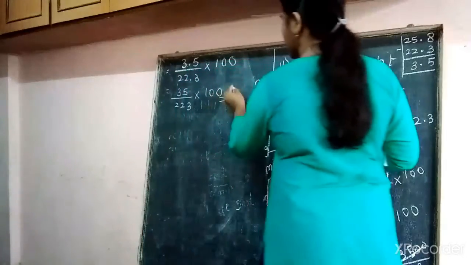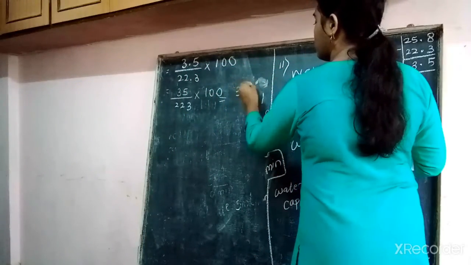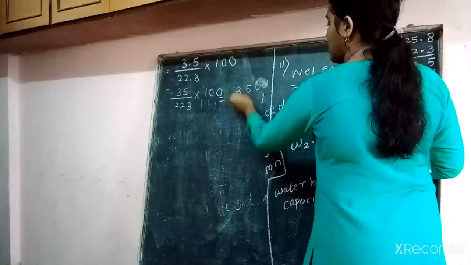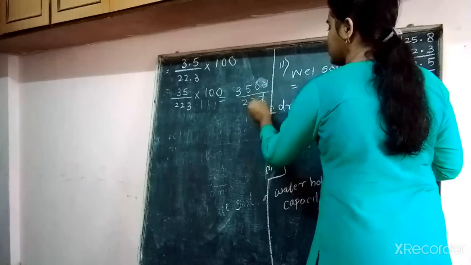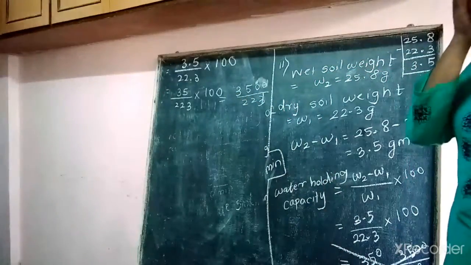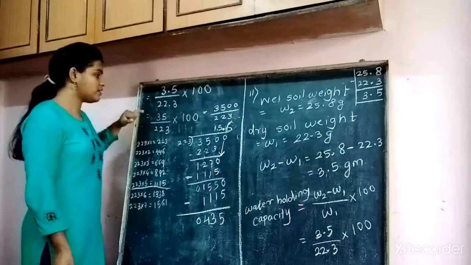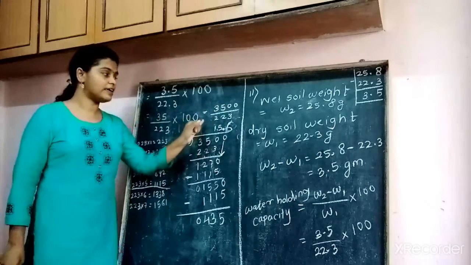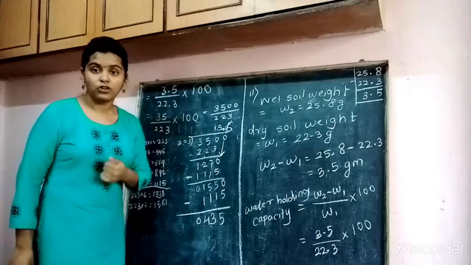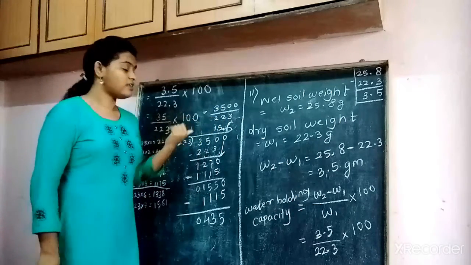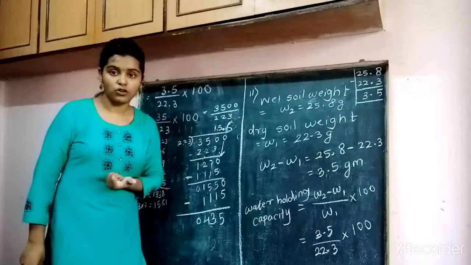Now for 35 and 223 we need to do division, or we can just write it as 3500 upon 223. For this division, 3500 divided by 223, 223 is a number for which we don't know the table.